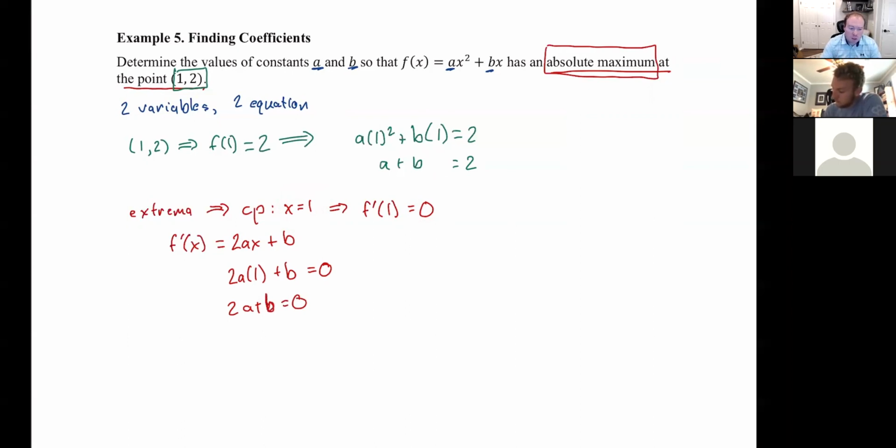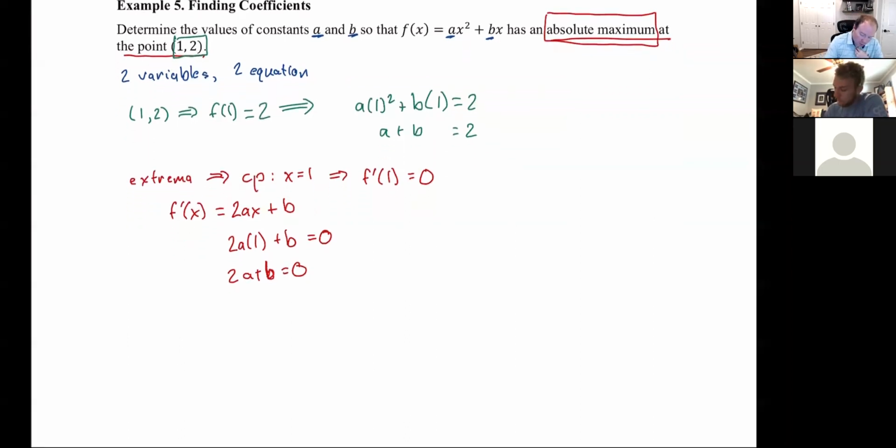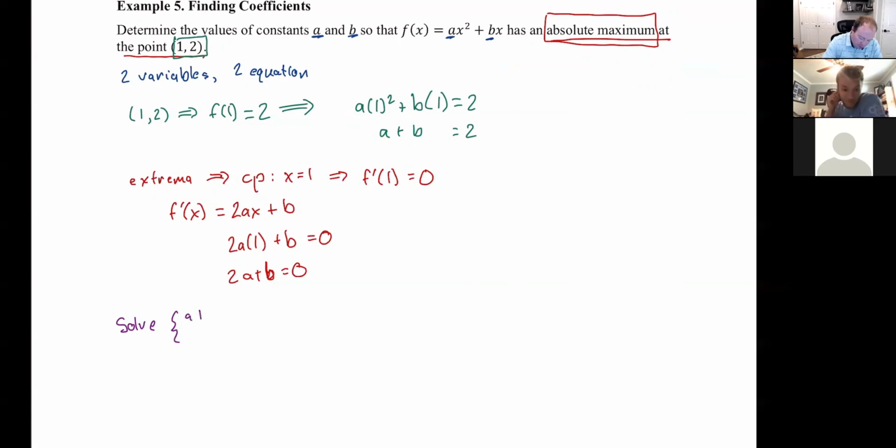But notice now we have two equations that we can solve using a system of equations. You may choose to substitute, you may choose to use elimination, but all we have to do at this point is solve this system, namely a plus b equals 2 and 2a plus b equals 0.